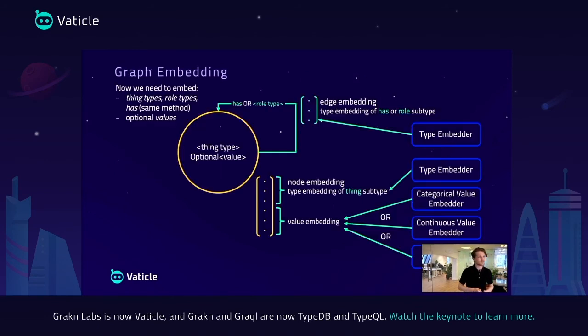Okay. So, on graph embedding, let's remind ourselves where we got to. We've got as far as being able to understand how we can embed a graph of nodes and edges, where the nodes and edges both have types, and the node optionally has a value.